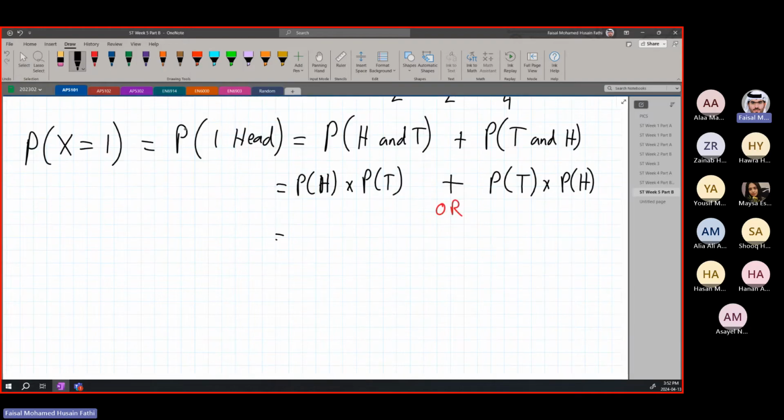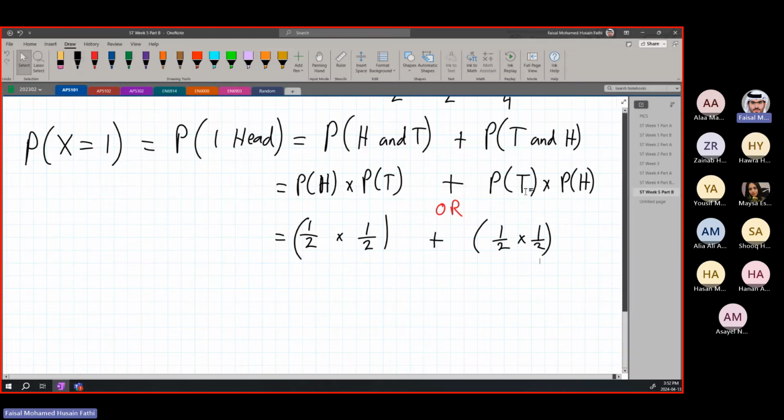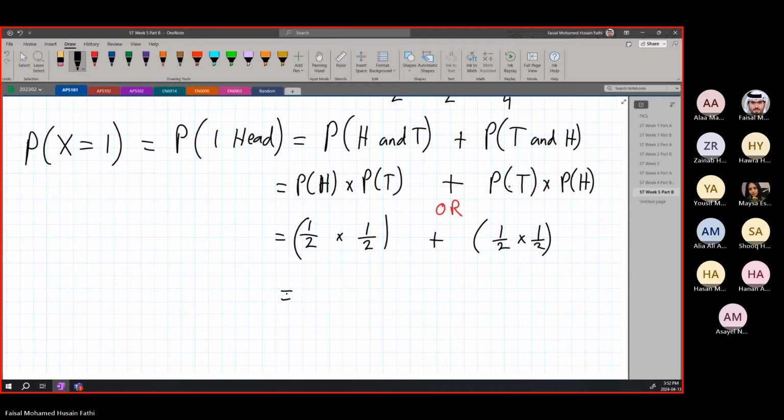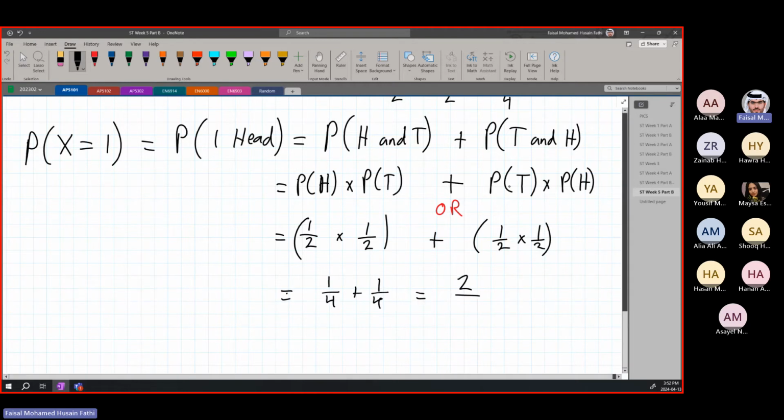If we just substitute in the values now, we're going to see it's 1 over 2 times 1 over 2 plus 1 over 2 times 1 over 2, which is the probability of just one coin flip. So it's equal to 1 over 4 plus 1 over 4, which is equal to 2 over 4, or simply 1 over 2. So it's a 50-50. It's a 1 over 2.